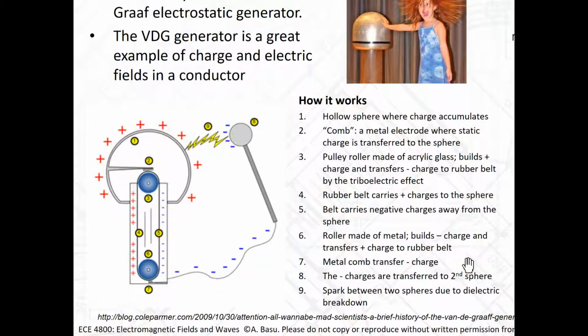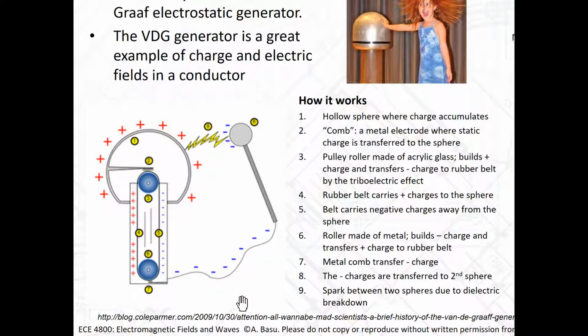All right, so in this case, a pulley roller is made of acrylic glass, and that builds up positive charge, and the negative charge builds up on the rubber belt. So this is an acrylic glass pulley and a rubber belt here. So what happens is this pulley is also rotating in the clockwise direction. So the negative charges are being transferred to this rubber belt.